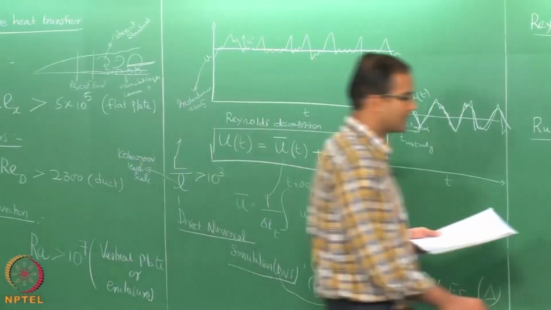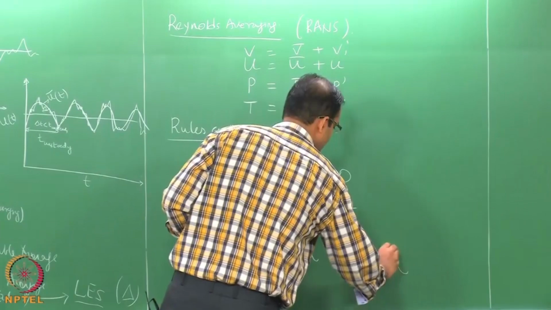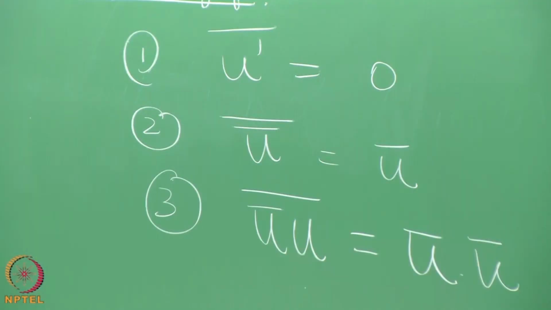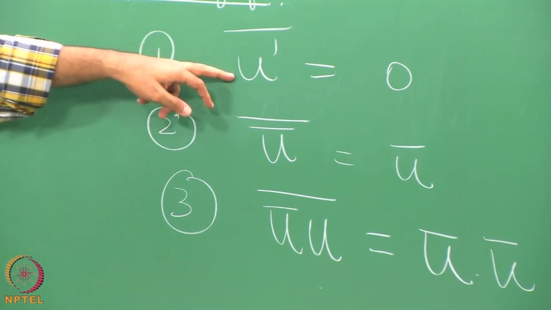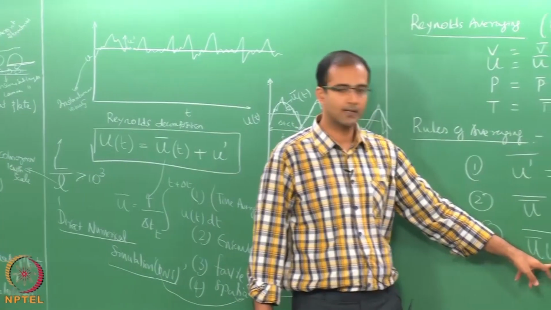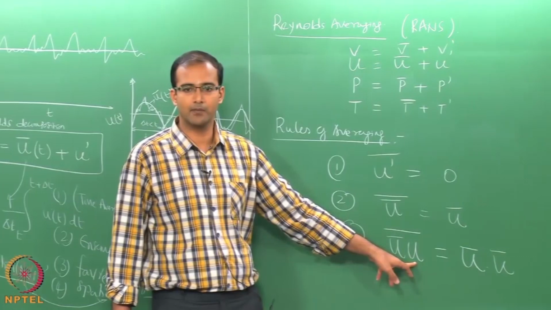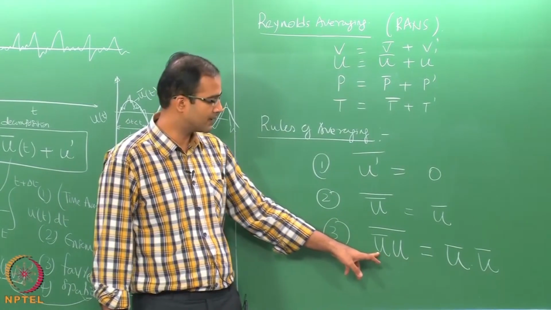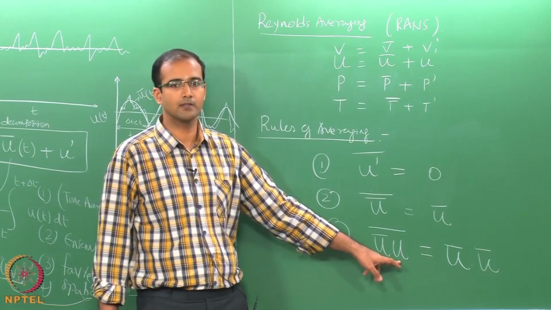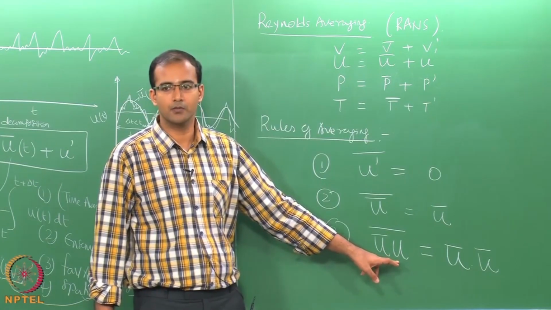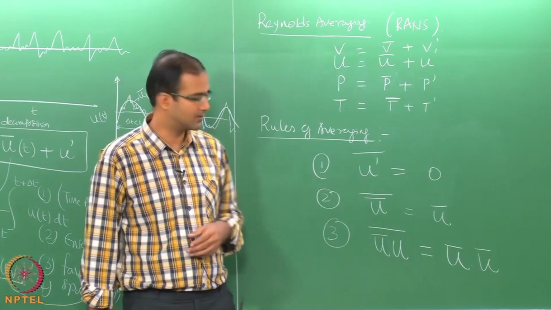It is nothing but the mean component again. Because the fluctuating average is 0, if you substitute u bar plus u prime, you get u bar u bar plus u bar u prime, and since u prime average is 0, that will be 0.